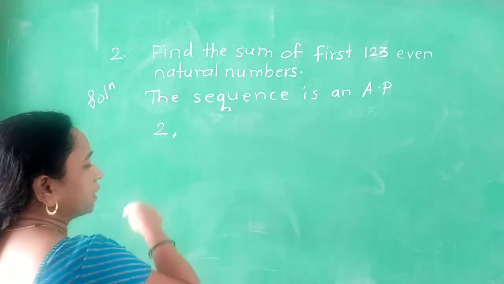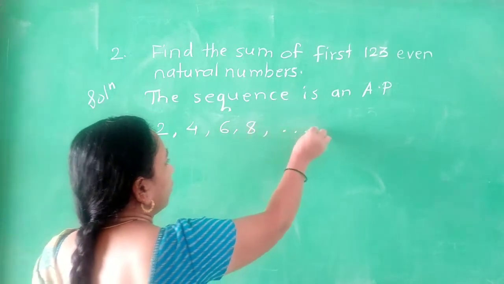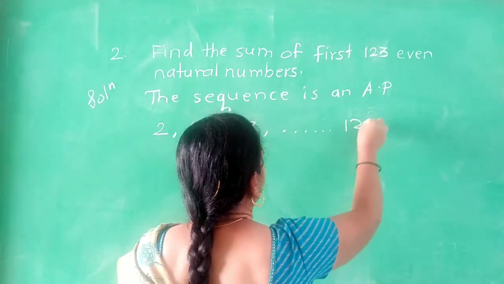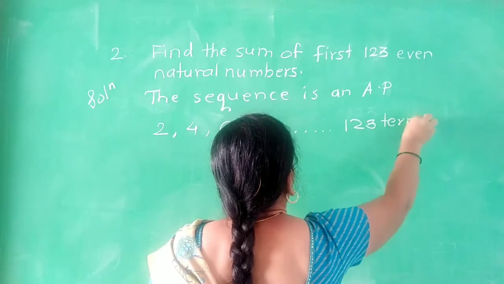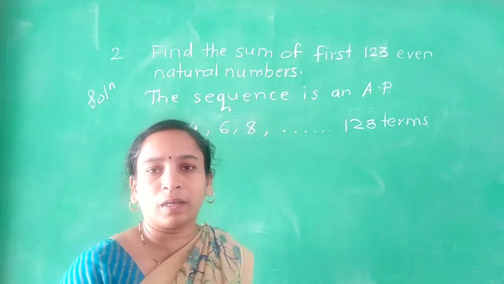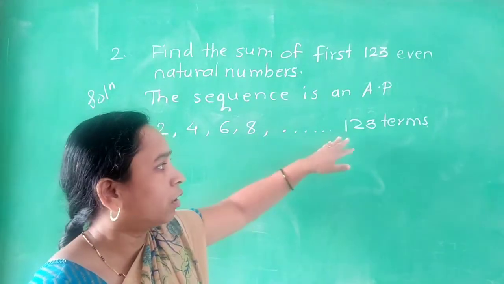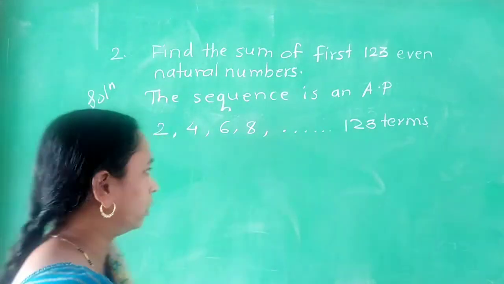Even natural numbers start from 2, 4, 6, 8 and go up to 123 terms. I don't know the last term, so I have written 123 terms. In this sequence, the total number of terms is 123.